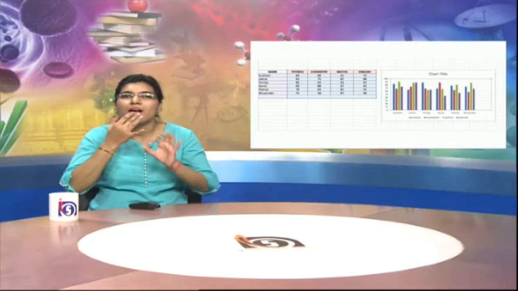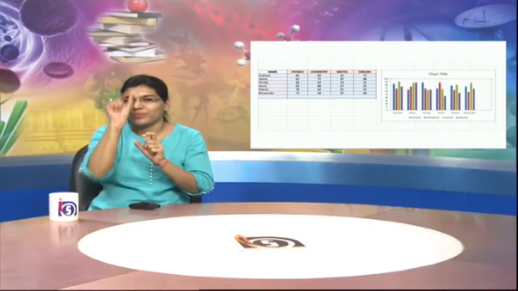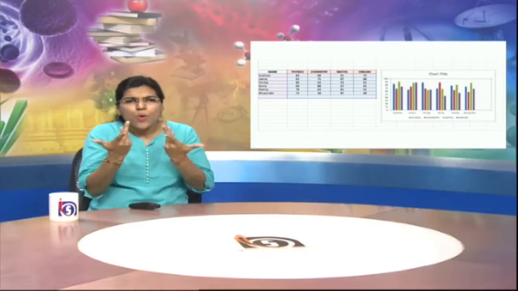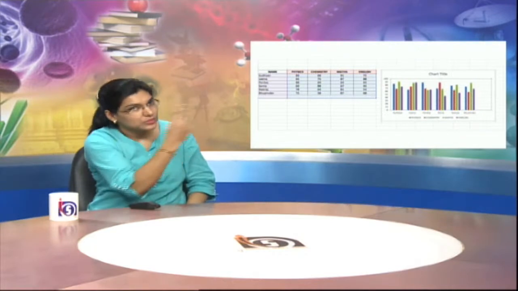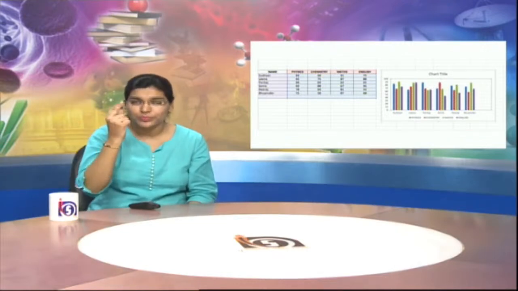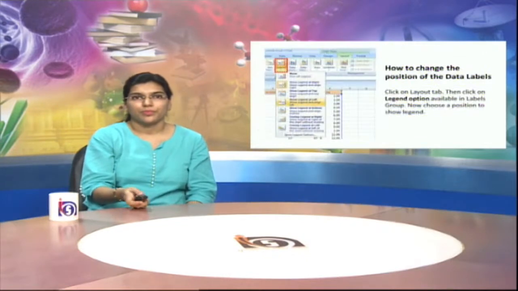So similarly, you can understand the marks of the student. In pictorial form, it is really easy to understand, that you can easily see on the screen. I hope you all understood. Let us now move ahead.